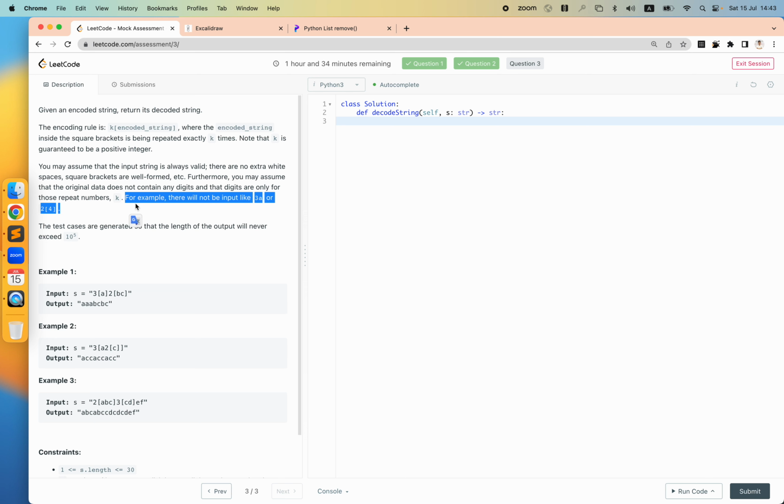Okay, for example, there will be no input like this one should have brackets, or this one should be a character. That's generated so that the length of the output will never exceed this one.